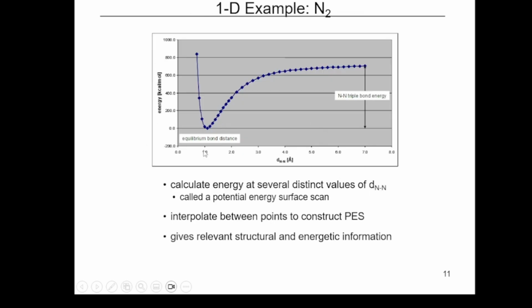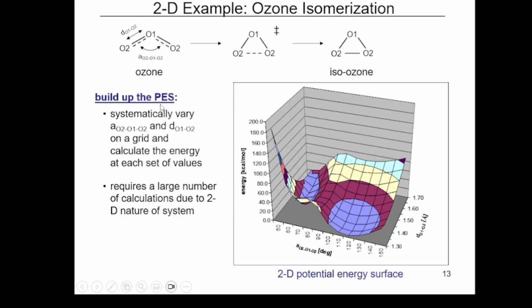One variable is distance and the other, dependent variable is energy. In the case of ozone, we have 2 independent variables, bond length and bond angle, and the third, dependent variable is energy. So we need to construct a potential energy surface diagram which is 3-dimensional.